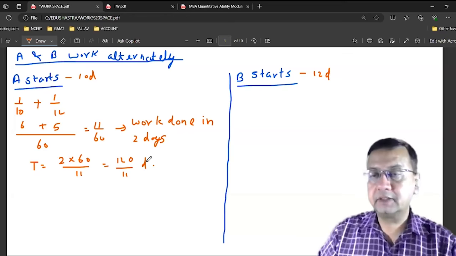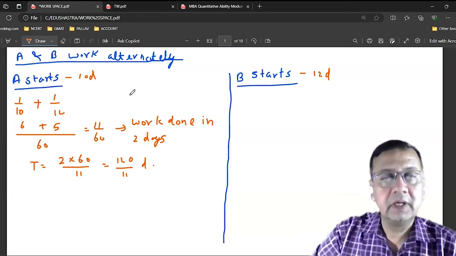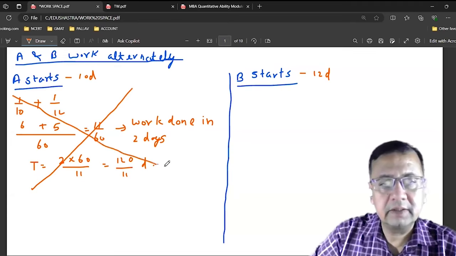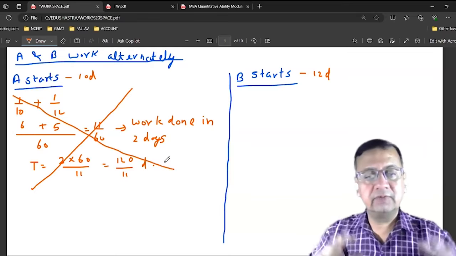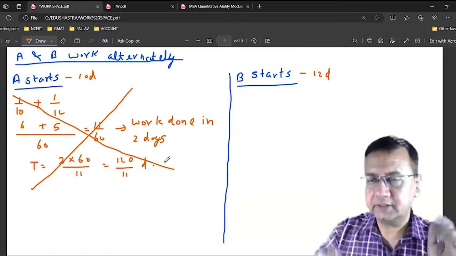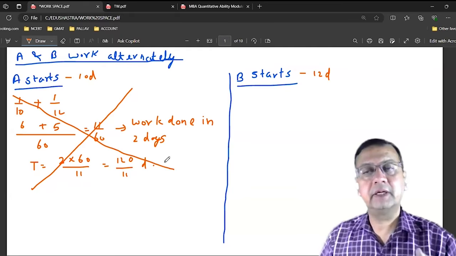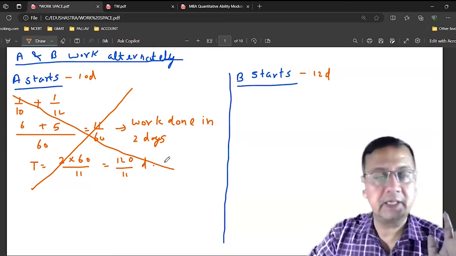So in this method, when you are doing this precise calculation, you will not get the desired result. There is always some misconception, right? So this method is not recommended, because you're going for an aptitude exam.